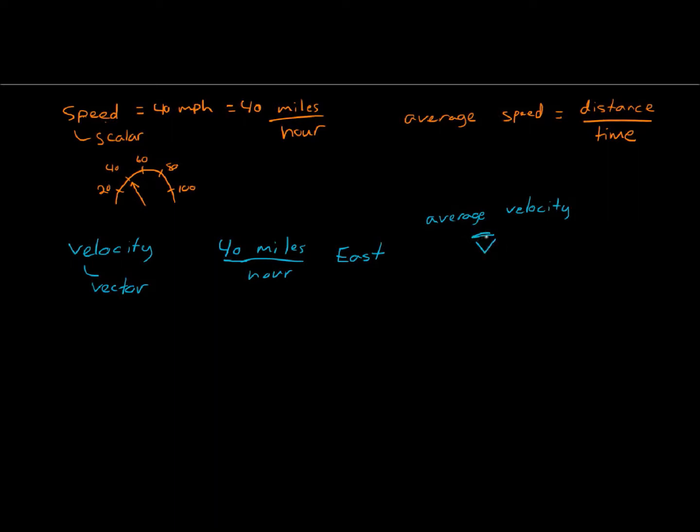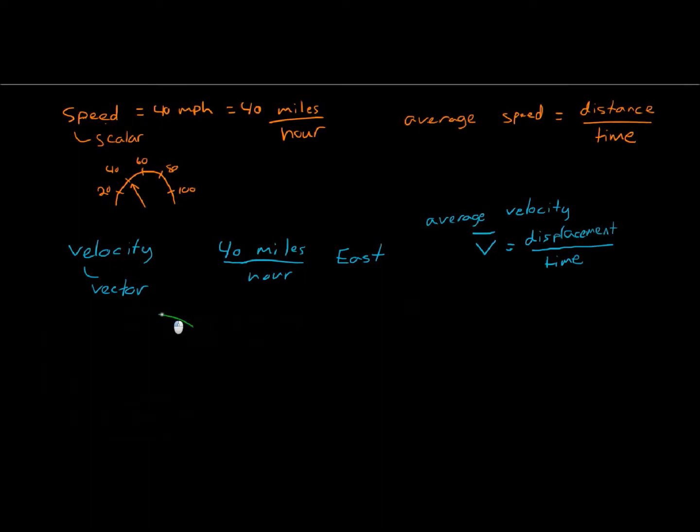V with a little flat line over it means average velocity, and that's going to be equal to the displacement divided by the time. And again, this makes sense. Displacement is a vector, and time is a scalar, so a vector divided by a scalar will yield us another vector. So let's consider the racetrack again, and this time I promise to try and draw it more neatly.